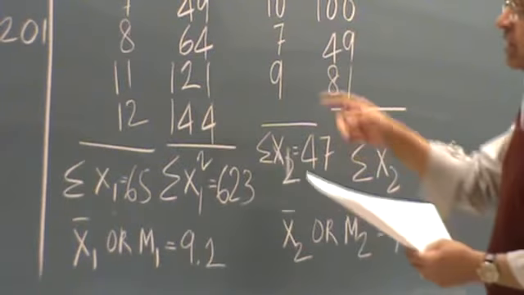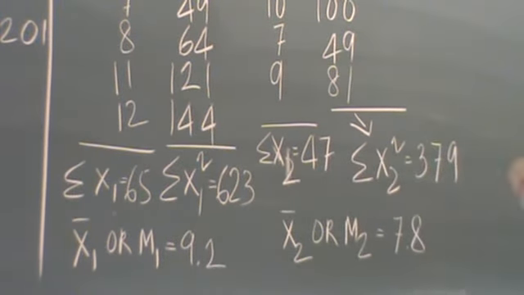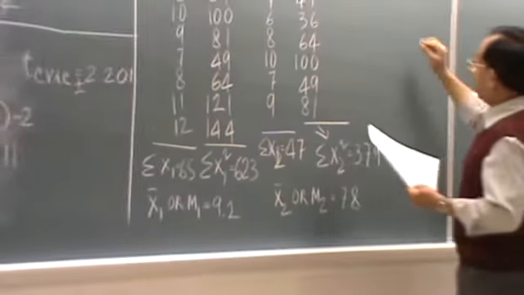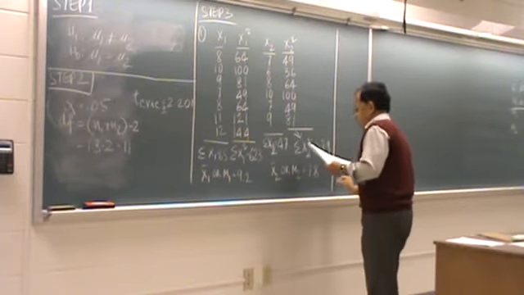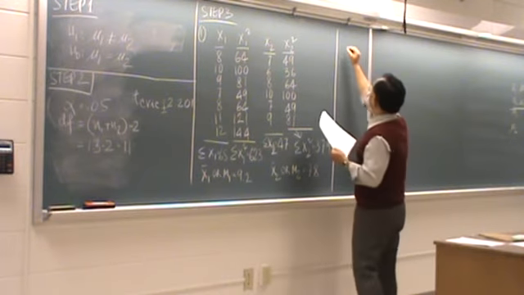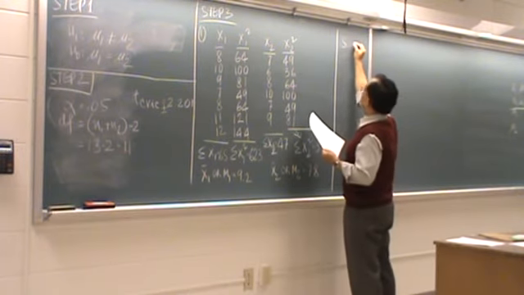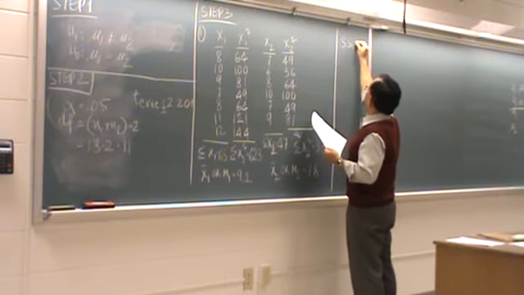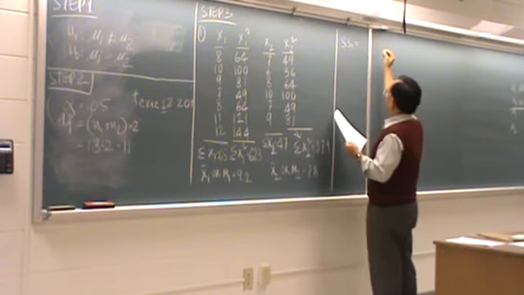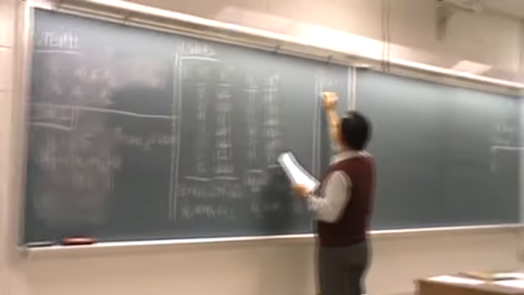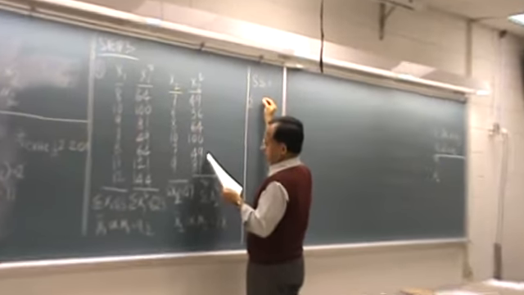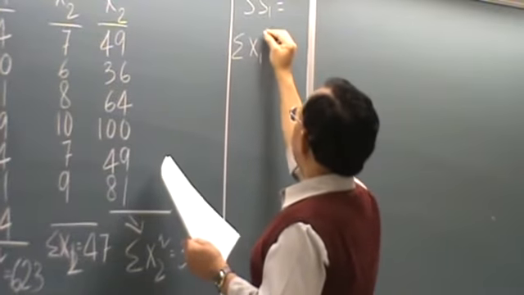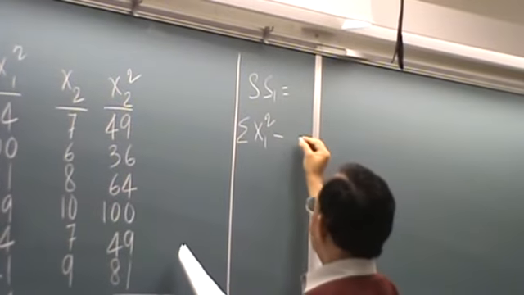The next thing, this is the first step in step 3. Then second one, we are doing this SS1, and that formula is sum of x1 squared minus.